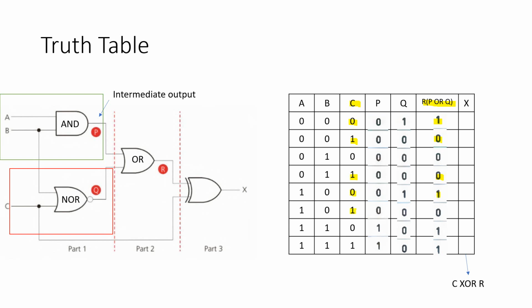There is 1 and 0 which is different. There is 0 and 1 which is different. So these are the places we will be getting a 1. Other places 0 0 and 1 1 will give you an output 0. So that's how you solve the truth table.